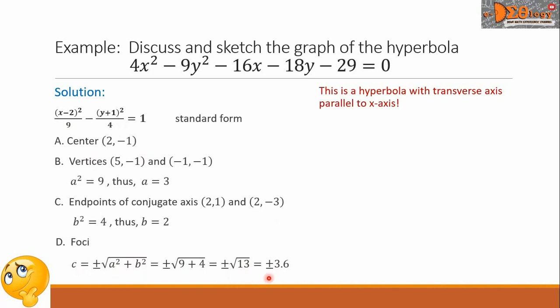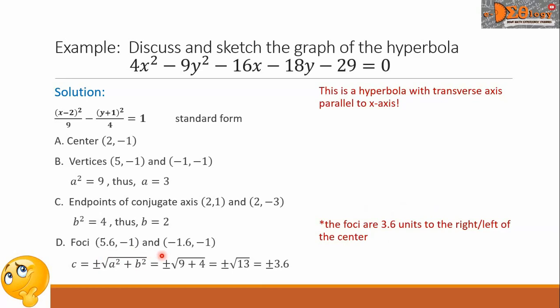Simplifying this value, we have plus or minus 3.6. We say that the foci are 3.6 units to the left or right of the center. It means the coordinates of the foci are (5.6, -1) and (-1.6, -1).